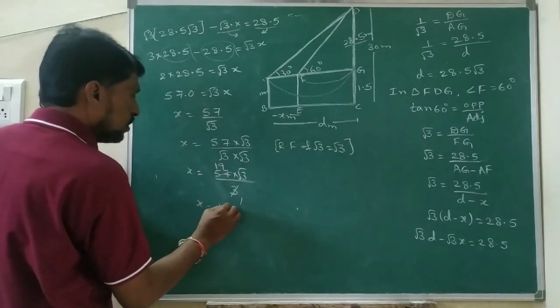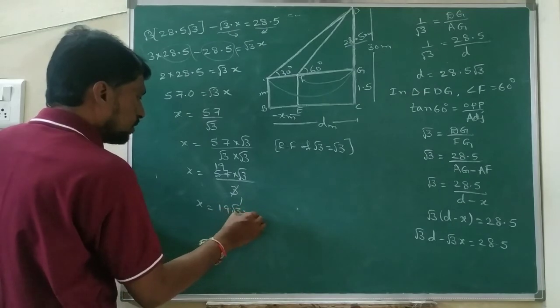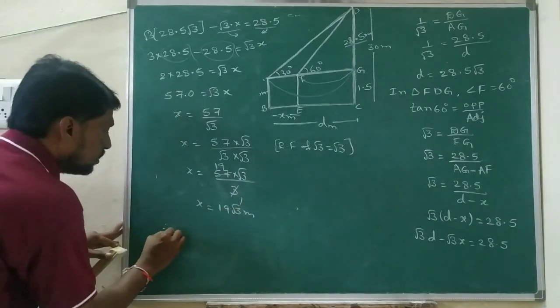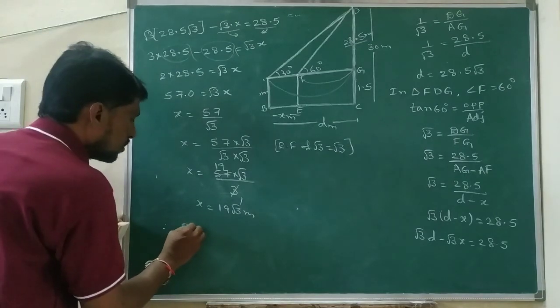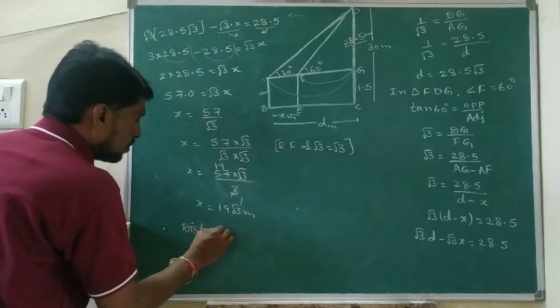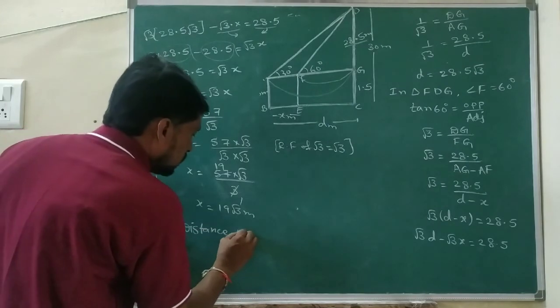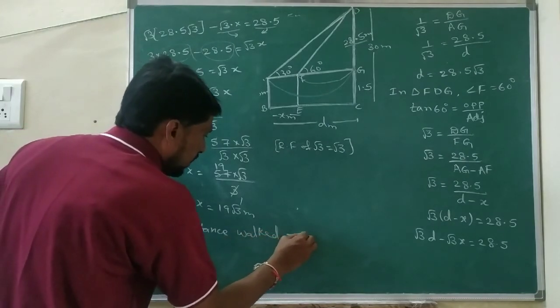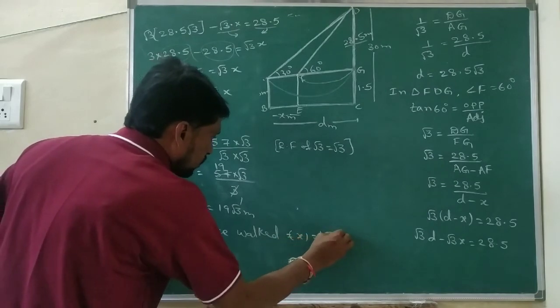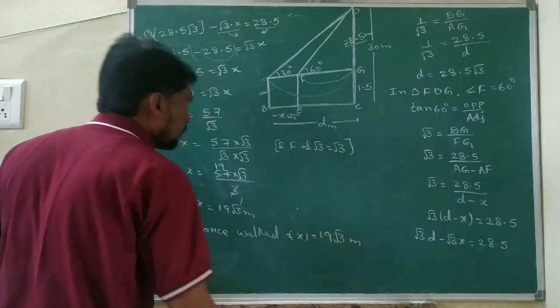So X equals 19 root 3 meters. Therefore, the distance walked equals X equals 19 root 3 meters.